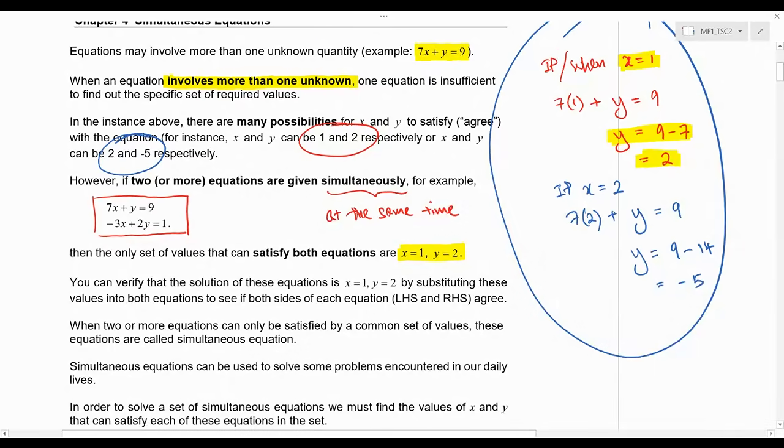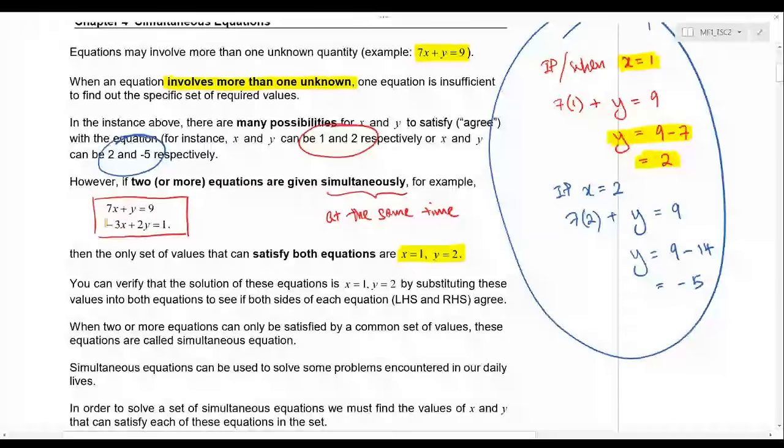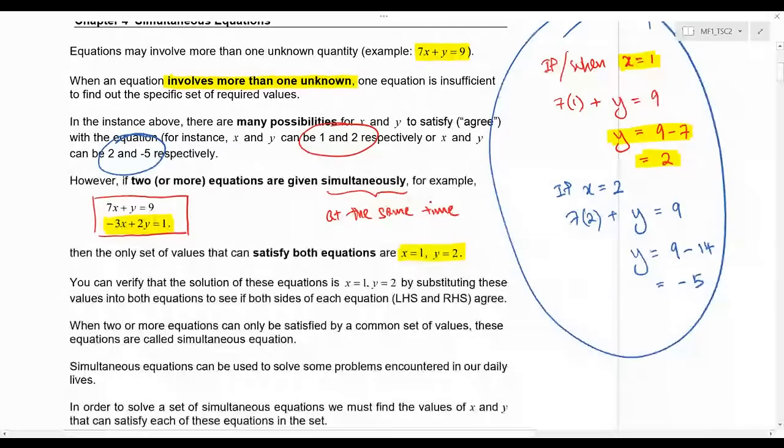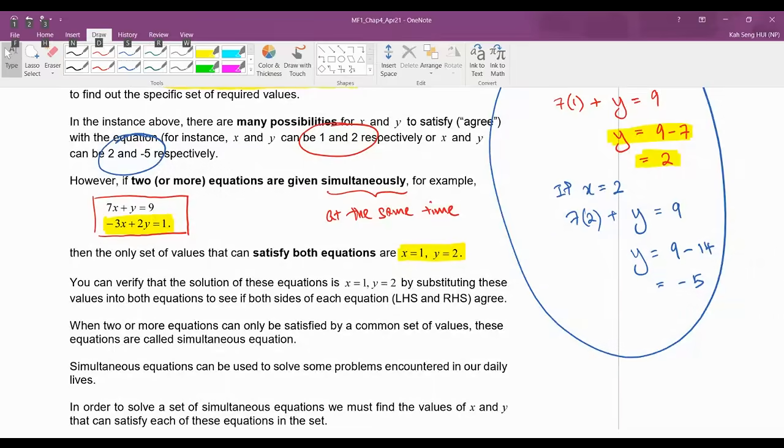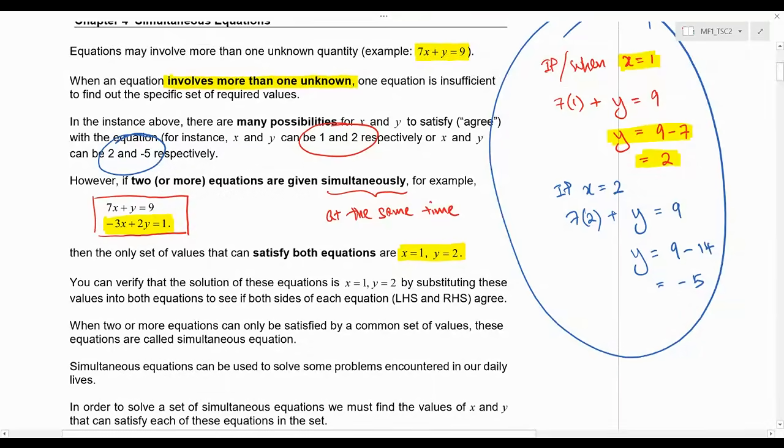But if you provide another equation, then I can also test whether this set of solutions works. So let's say x is equal to 1, y is equal to 2. If I put it inside the second equation here, if my x is 1, I'm just going to write it down here.